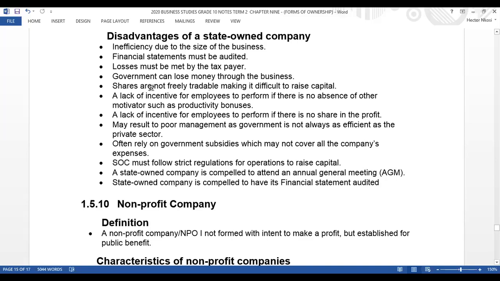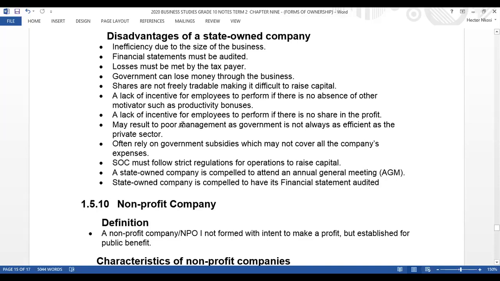Right. Also, a lack of incentives for employees to perform if there is no other motivation, such as productivity bonuses. Also, a lack of incentive for employees to perform if there is no share in profit, right?